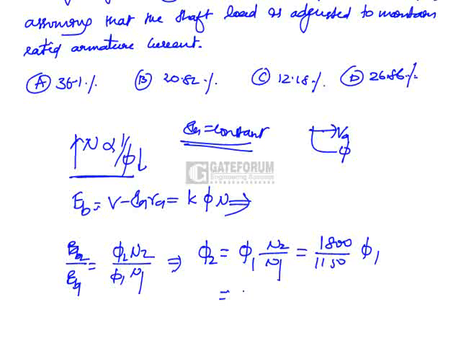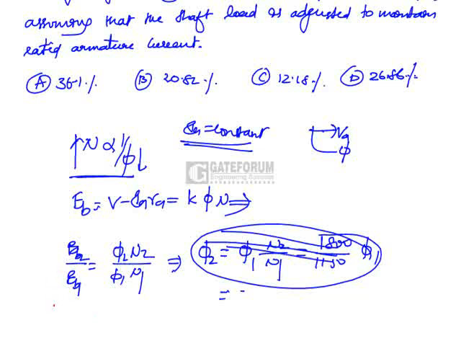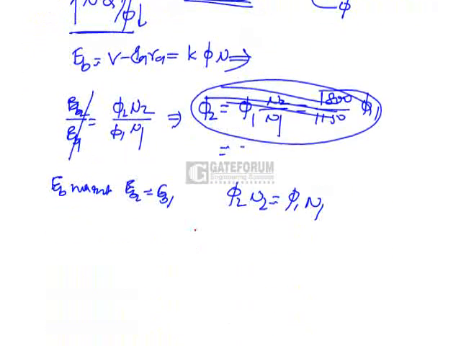How did we get this relationship? Here IA is maintained constant, so EB is also constant. So EB2 is equal to EB1 and we can cancel these two. So phi2 times N2 equals phi1 times N1, and from this phi2 equals phi1 times N1 by N2.